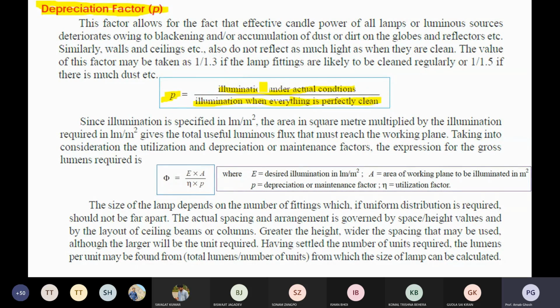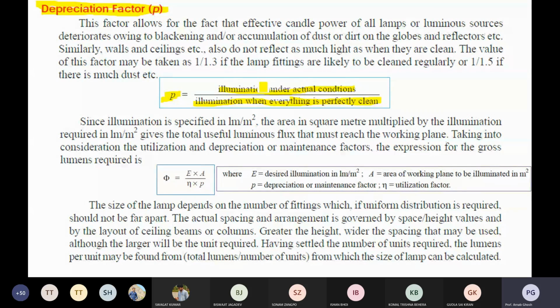That's why it is written: the factor allows for the fact that the effective candle power of all the lamps or luminous sources deteriorates owing to blackening and the accumulation of dust or dirt on the globes, the reflectors, etc. Similarly, walls and ceilings, etc. Dust may cause unwanted diffusion and unwanted absorption of the light, and unwanted effects on the light source.